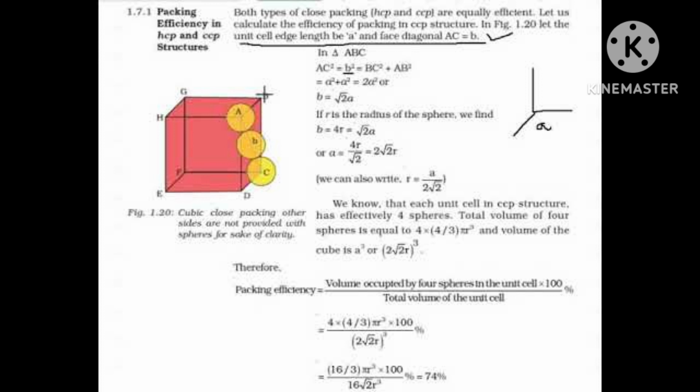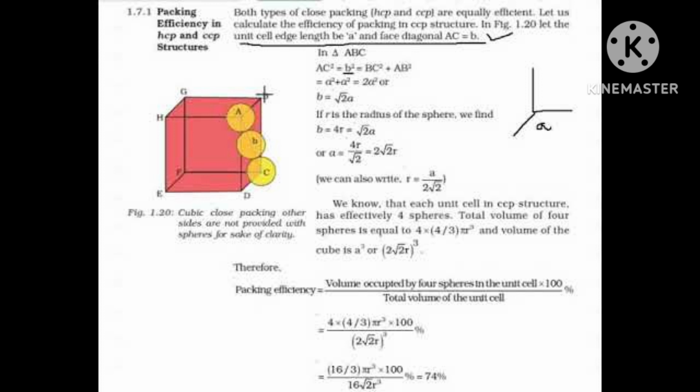After simplification, that is equal to 2 into under root 2 into R. Correct? So the A value, meaning the side of the cube, you know in terms of R. Side is A, as you have considered, so you know the A value, and the R value in terms of A also you know.